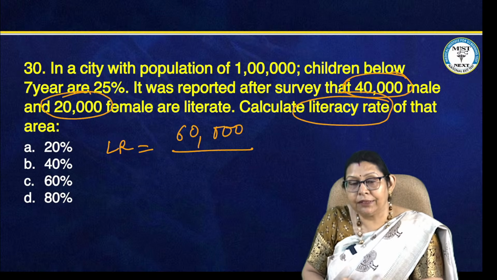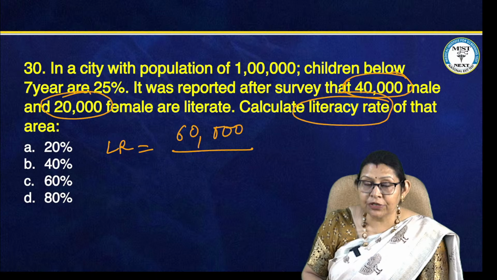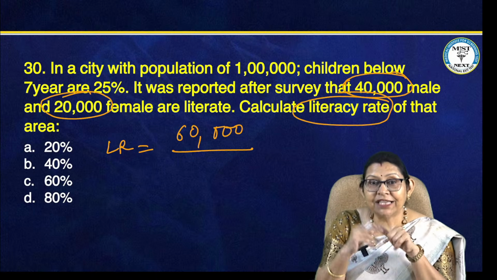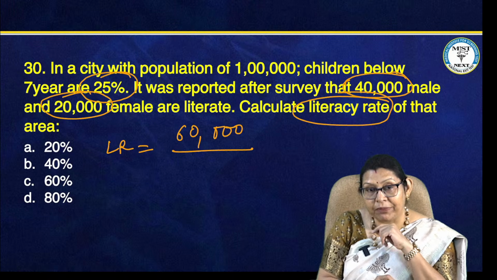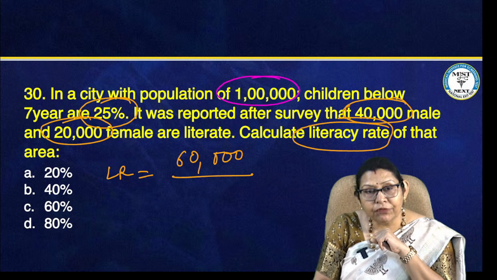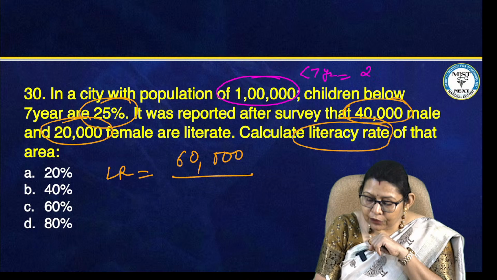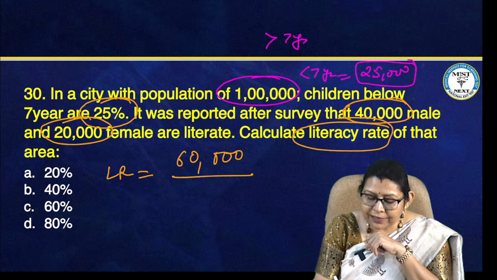Now here the catch is, is the denominator the total population or 7 years plus? So it is 7 years plus. How much population is below 7 years? 25%. What is the total population? 1 lakh. So less than 7 years, 25,000 population. So how much is left for more than 7 years? It will be 75,000.